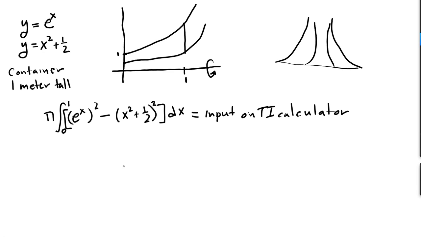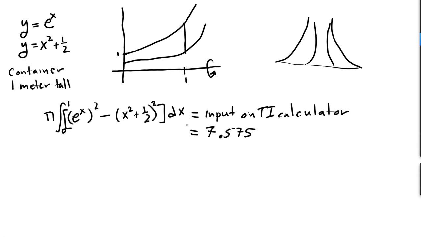Alright, and there's a video up on how to do that already on both the 89 and the 83. When you put this into your TI-89 or 83 calculator, it's going to spit out approximately 7.575.